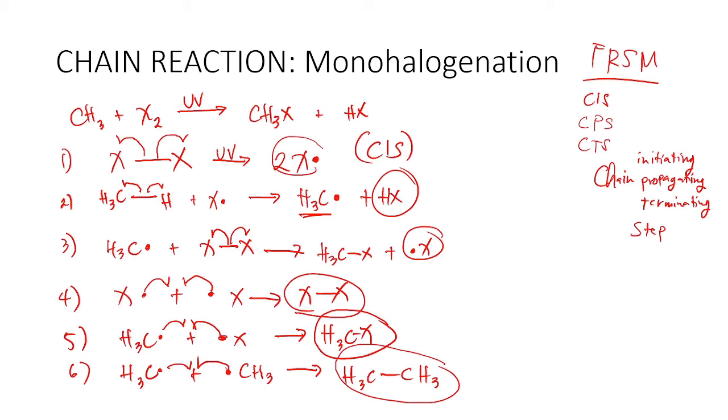Wherein due to the presence of UV light, we have here the production of our halogen free radicals. And due to the presence of halogen free radicals, nagkaroon tayo ng cleaving ng bond between our carbon and hydrogen here, forming our metal free radicals.